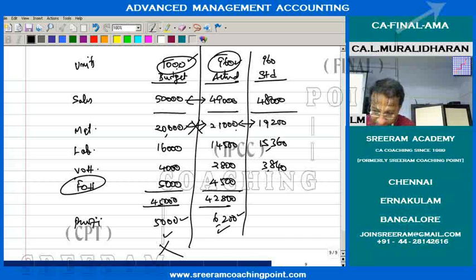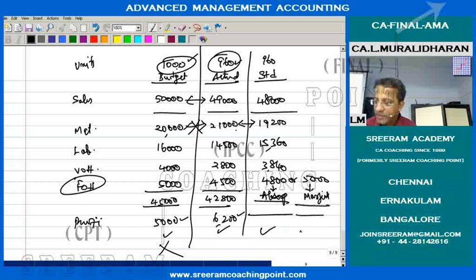How much did you say? 4,800. 4,800 or 5,000. This one is absorption costing system and this one is marginal costing system. So, therefore, the profit that you develop under marginal costing and absorption costing would be different.